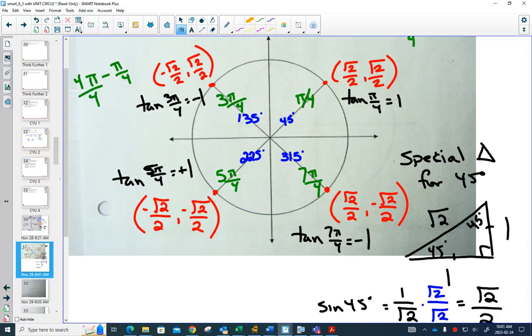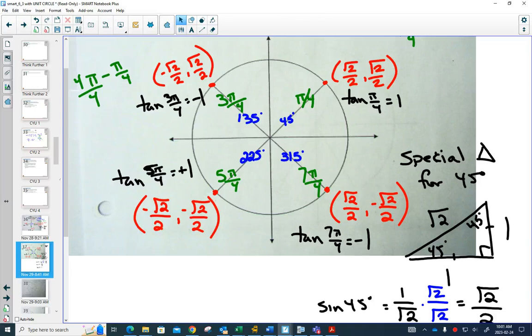I'm going to ask you to do cos of 135 degrees. Who are you picking, Denon? James. Cos of 135 degrees. Negative root 2 over 2. Perfect. How about sine of 5 pi over 4?